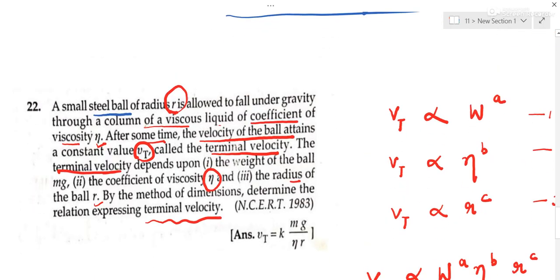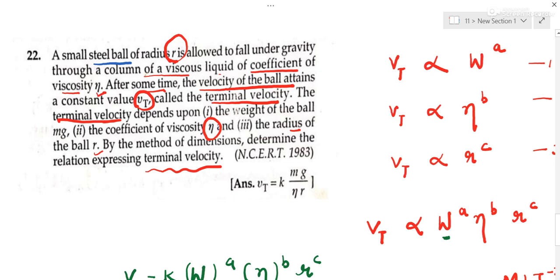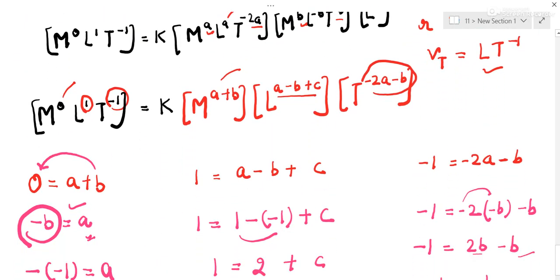Let us put in that equation. This equation. So terminal velocity is equal to constant, weight to power A, eta, coefficient of viscosity, to power B and radius to power C. I hope that was radius. Yes.